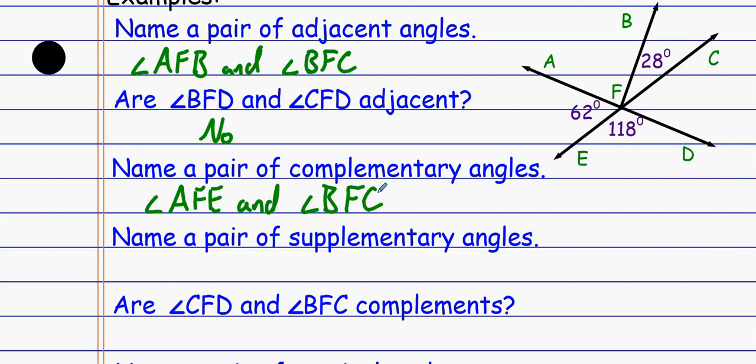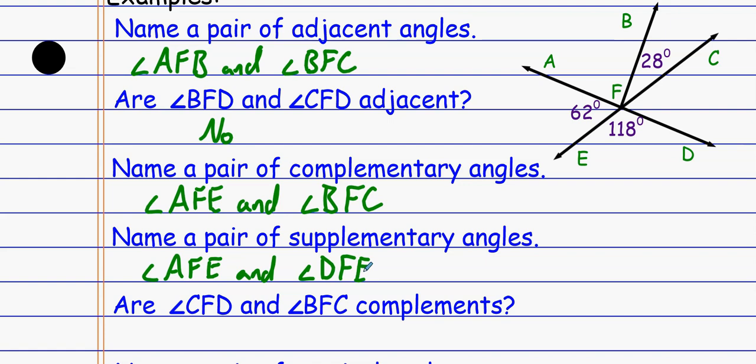Okay? Name a pair of supplementary angles. Supplementary angles add up to 180. If I do the 62 plus the 118, that adds up to 180. So angle AFE again, and the other one was angle DFE. That was the 118.